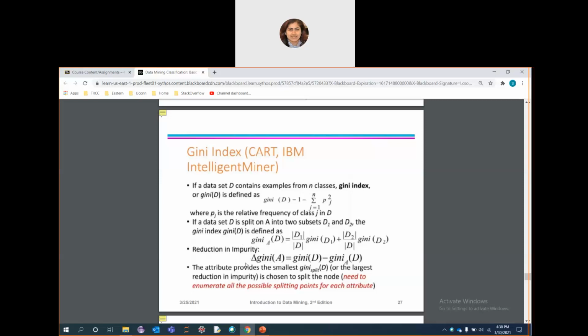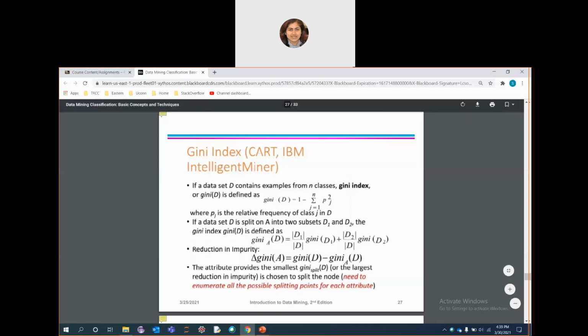Then how do you define how to reduce the impurity? It will be basically your overall Gini of the given whole data set minus the Gini of a particular split.